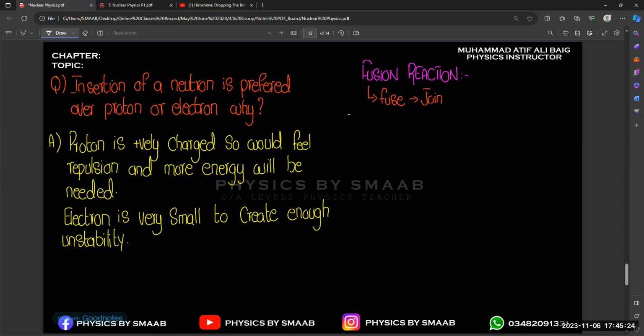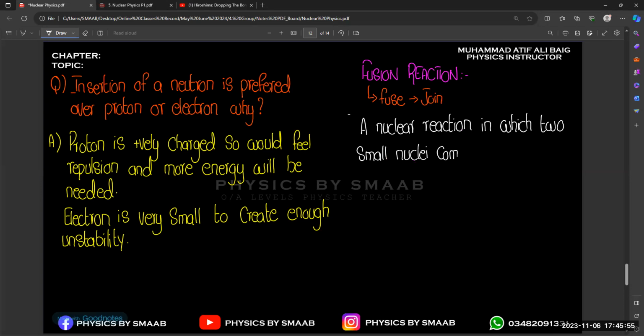So in fusion reaction, we can say that it is a nuclear reaction in which two small nuclei combine to form a large and more stable nucleus.